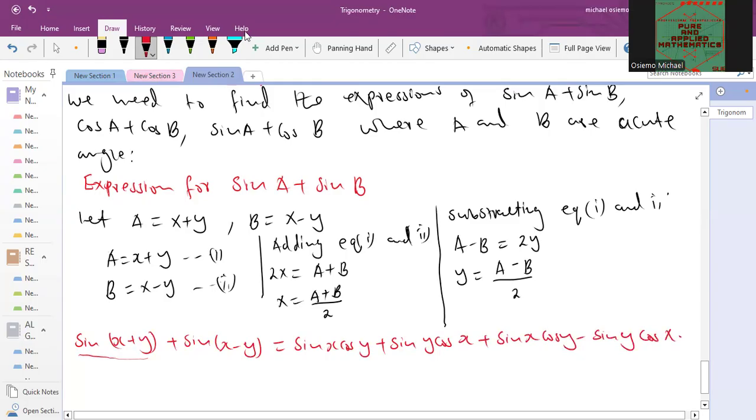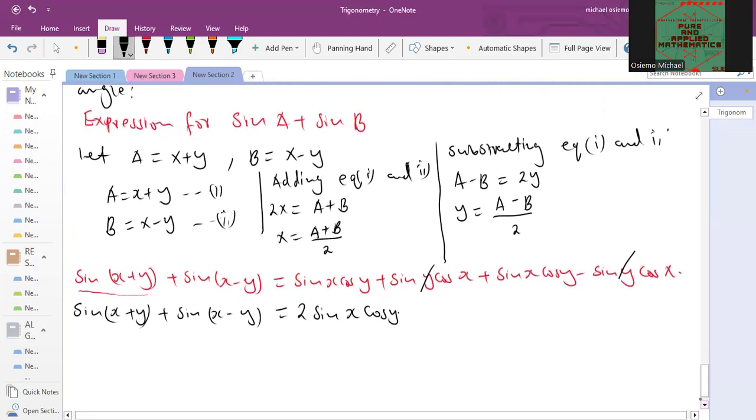If you put the like terms together, you have sin y cos x and sin y cos x, so these two will cancel. Then the other two are the same. So you're going to have sin of x plus y, plus sin of x minus y, being equal to 2 sin x cos y.